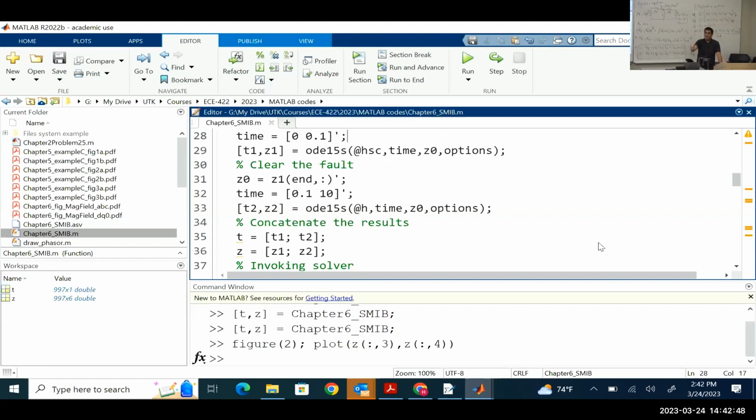So the currents that will appear through the damper will be related to damping torques that will make the machine reduce the oscillation. IQ and ID are the currents in the stator, but these variables here, one is related to the field winding and the other with the 1Q damper.